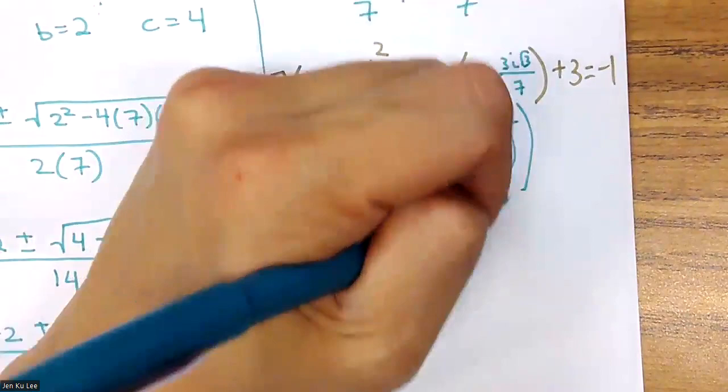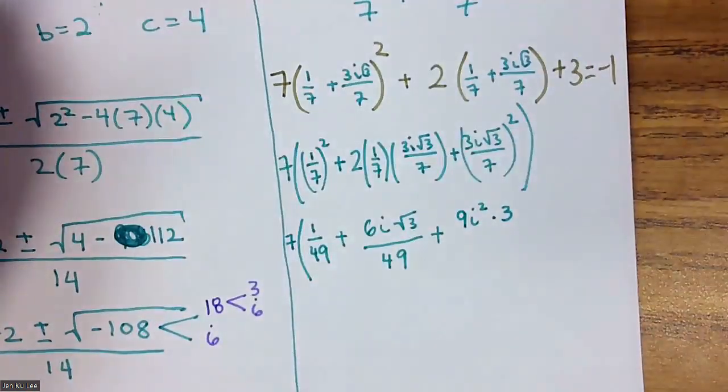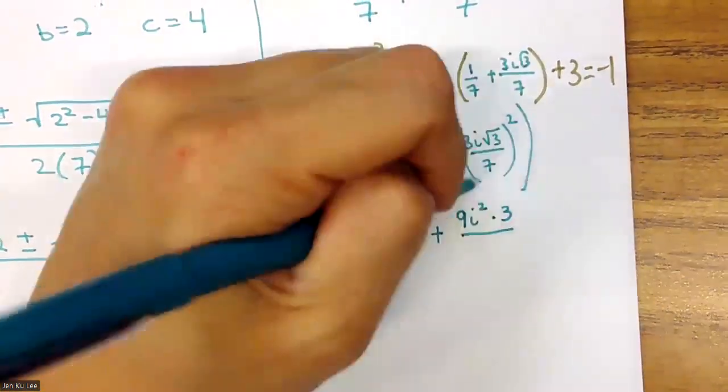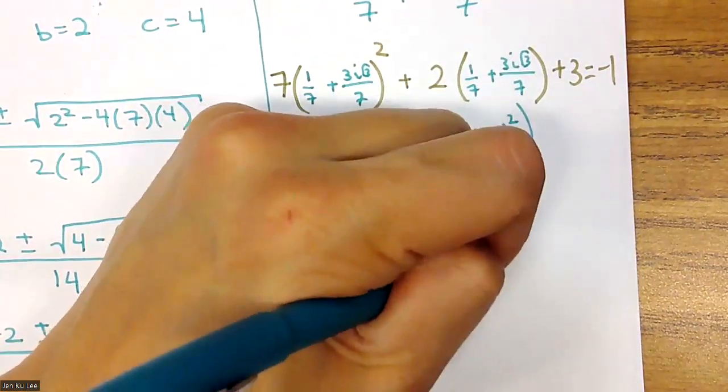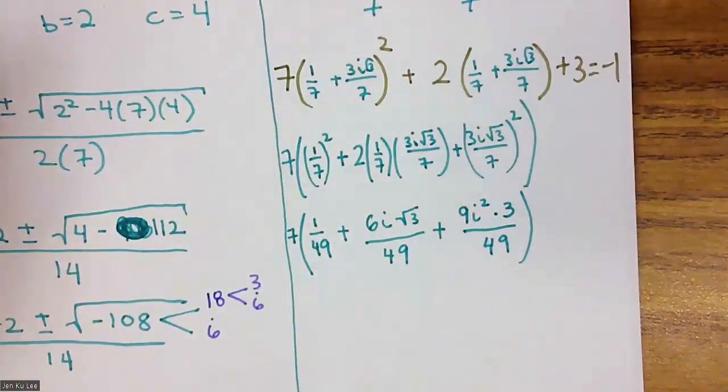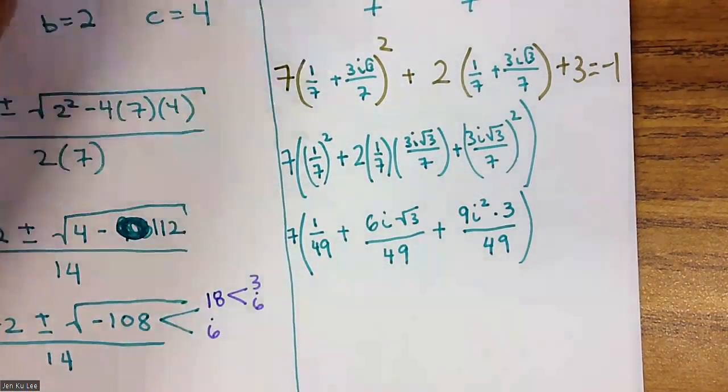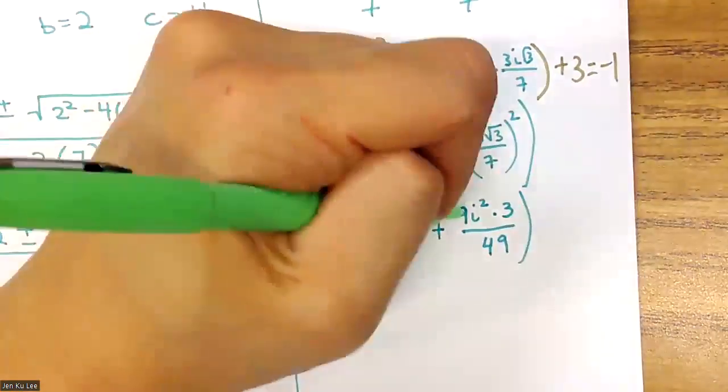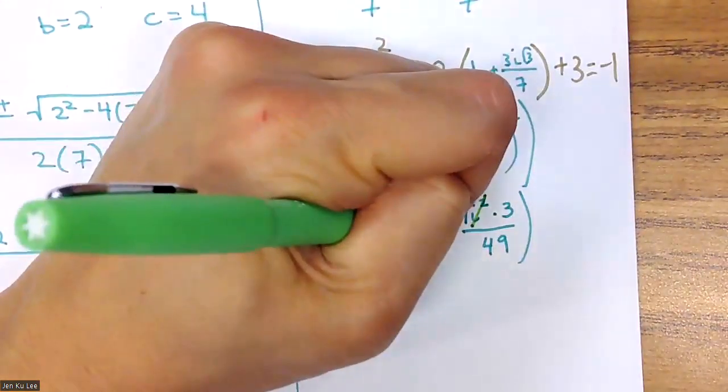Times square root of 3 squared is 3. Over 7 squared is 49. Okay? Now I see an i squared, so I'm going to cancel that out, make a negative here.